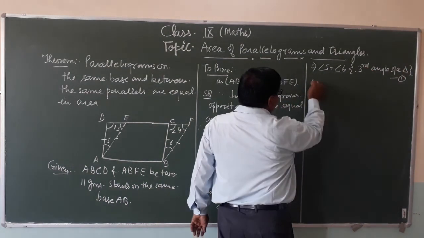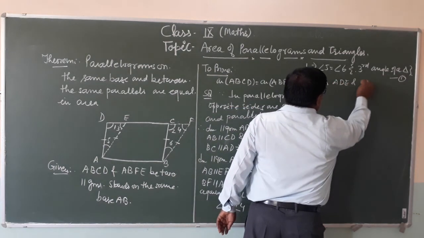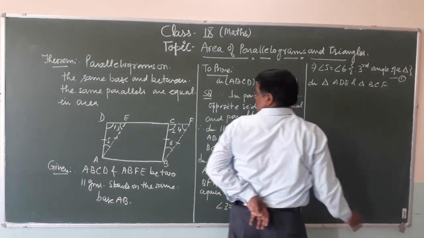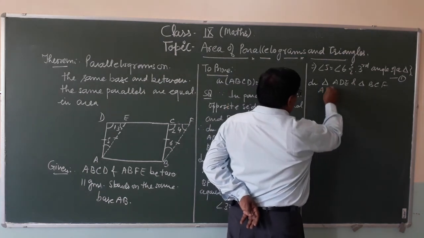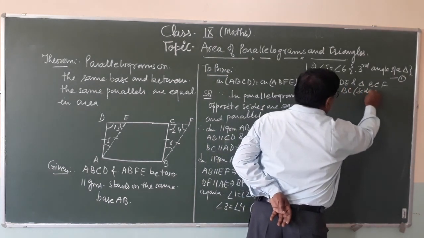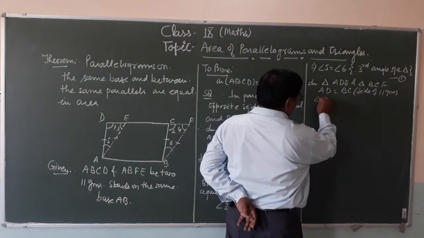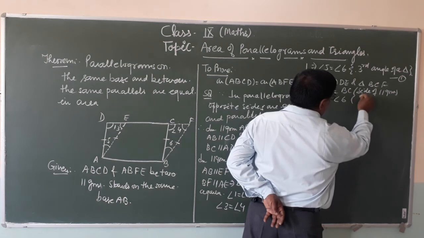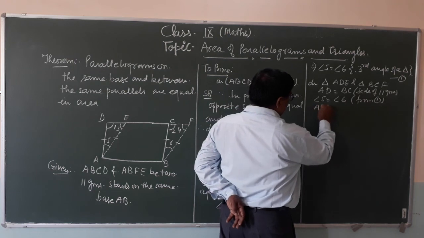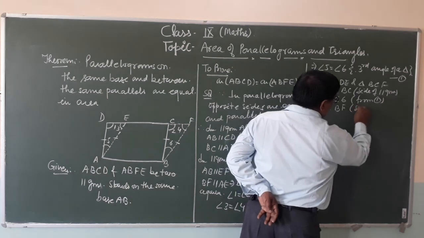Okay, now take this equation 1. Here in triangle ADE and triangle BCF, AD is equal to BC, that is the side of the parallelogram. Again angle 5 is equal to angle 6, that is from 1, and AE is equal to BF, which is also a side of the parallelogram.